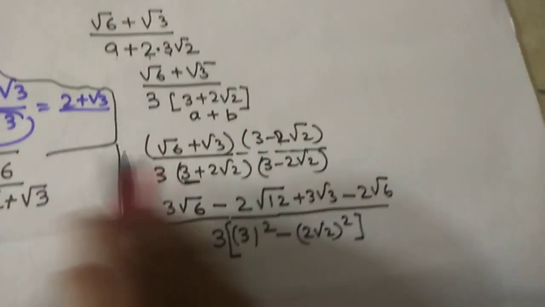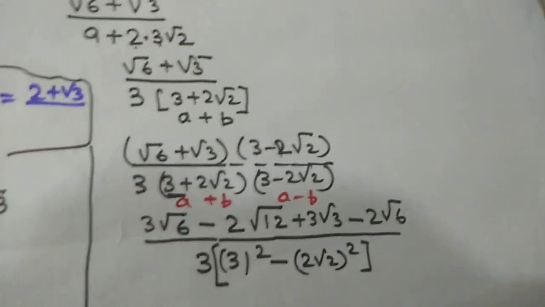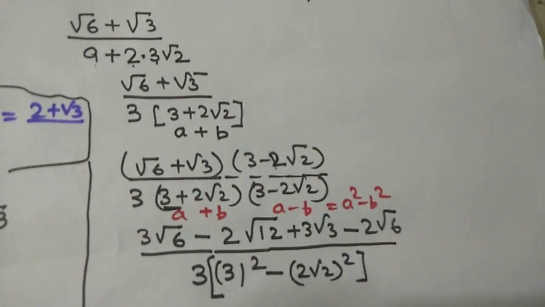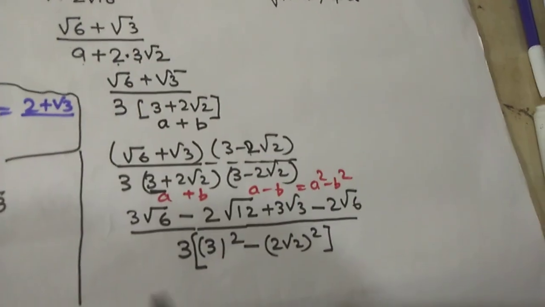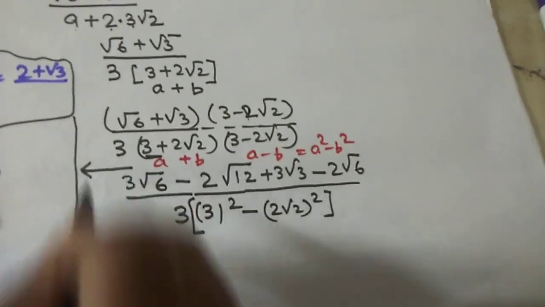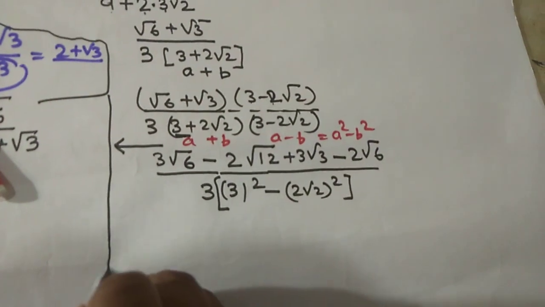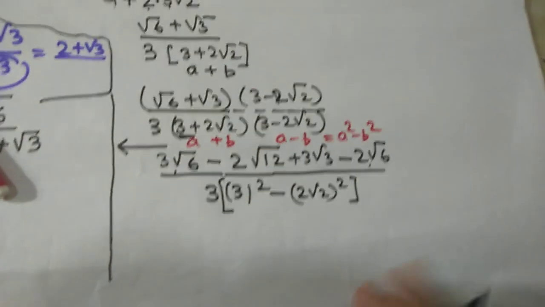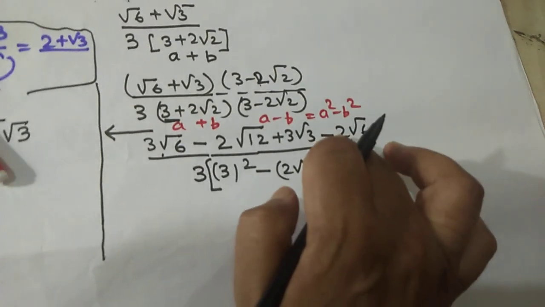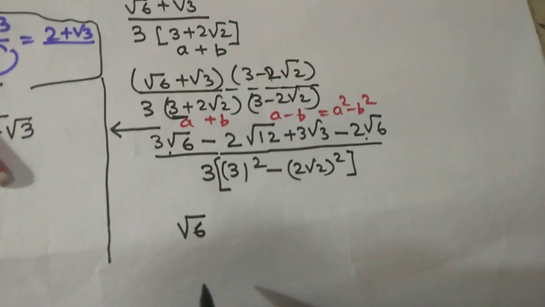Check here, this is a plus b, a minus b, which is a square minus b square. So we understand this line, this is the key point you can say. Now 3 root 6 and 2 root 6, very simple: 3x minus 2x is x, where x is root 6.